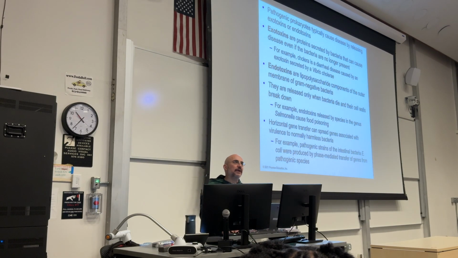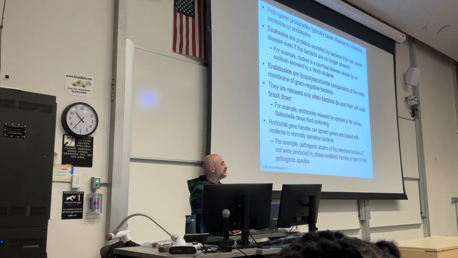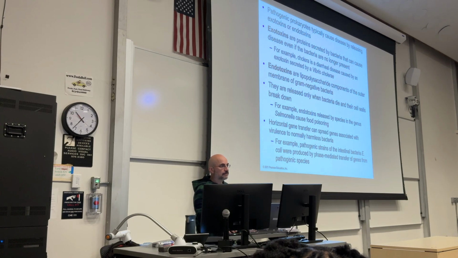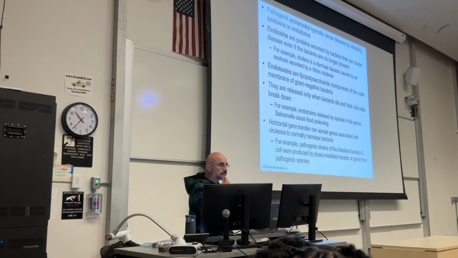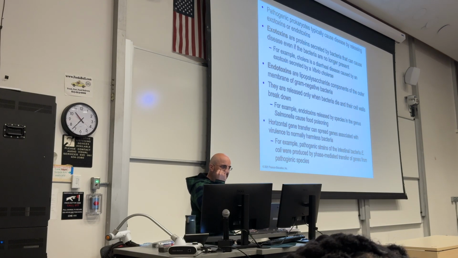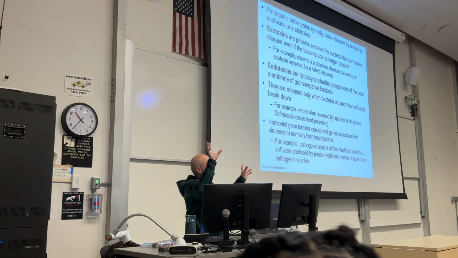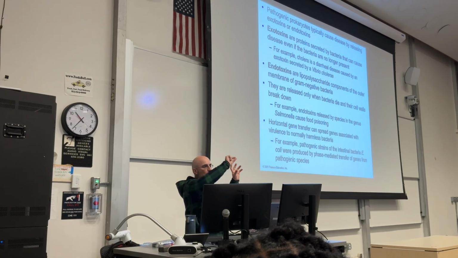Now, we have already mentioned this, horizontal gene transfer in the three different versions. What are the three different versions of horizontal gene transfer that we learned today? Transformation, conjugation, and transduction. Okay, three types. Which one is the classic one where we see the picture of the bacteria connecting through a tunnel?